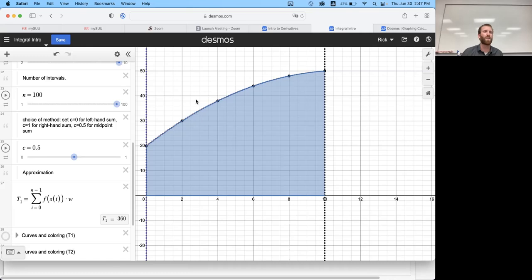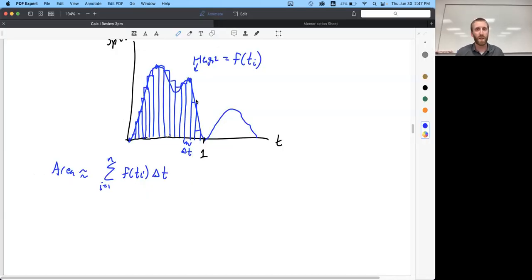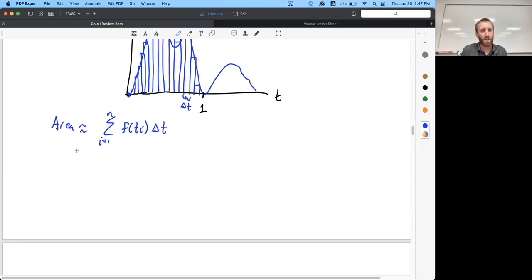Okay, but adding up an infinite number of anything is kind of difficult and time consuming. But that's the idea: the area is approximately equal to the sum of these finite number of rectangles' areas, but the area is exactly equal to this same thing if we had infinitely many rectangles. So we want to take a limit as n goes to infinity of this sum.